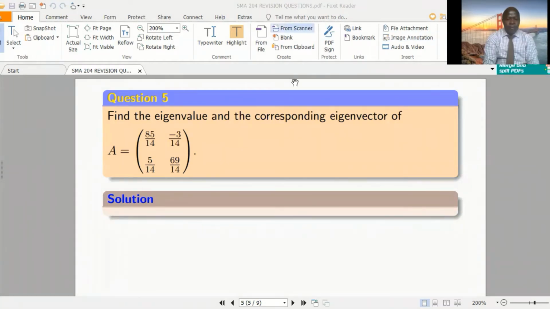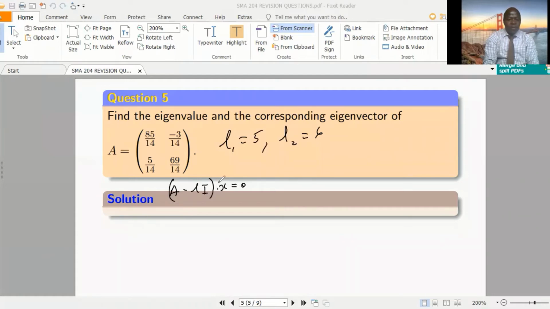Now, since we have the eigenvalues, lambda 1 is 5 and lambda 2 is 6, we now find the corresponding eigenvectors. And to find an eigenvector, what we normally do is take A minus lambda I, multiply this by the eigenvector, and equal to 0.